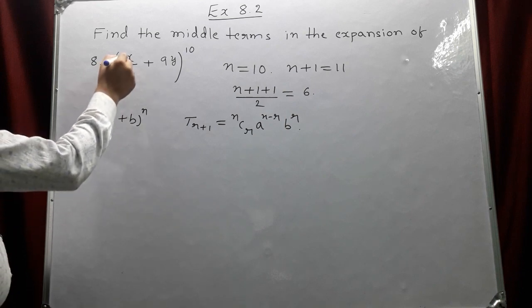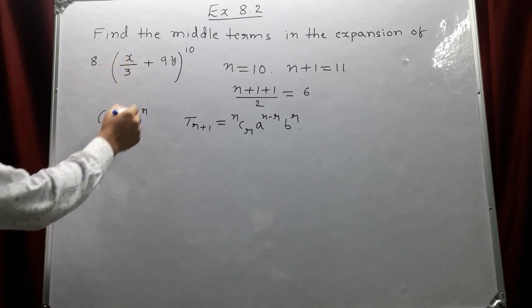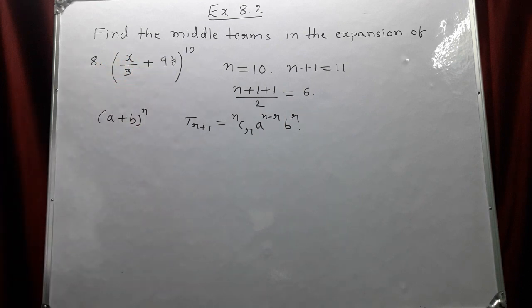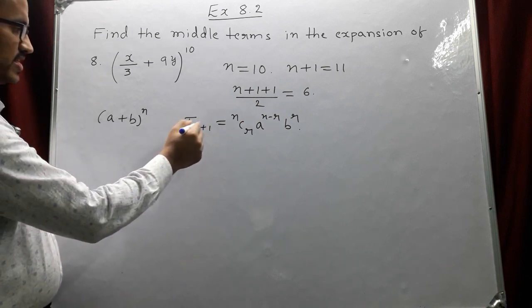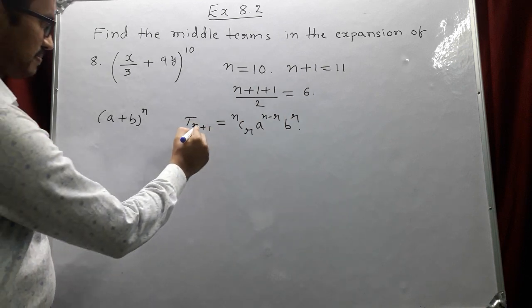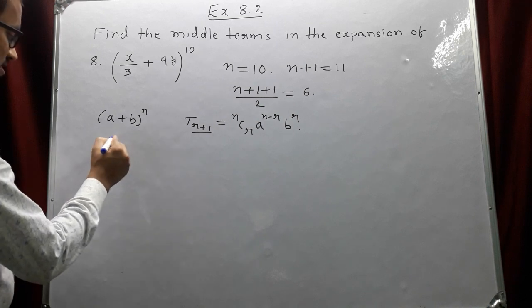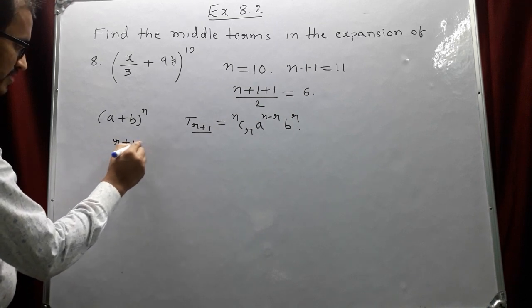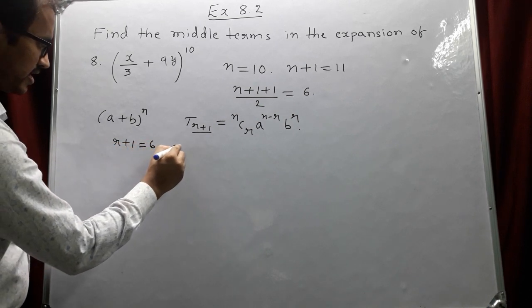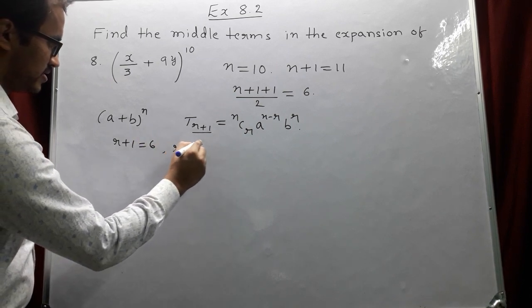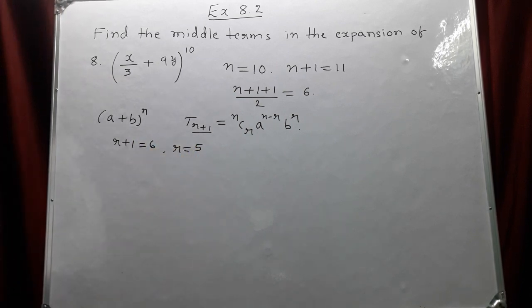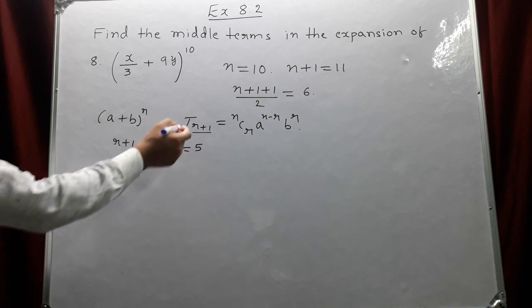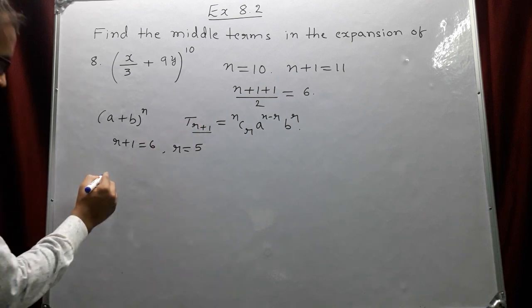Here the a value is x by 3, the b value is 9y. Since we have to find the sixth term, r plus 1 becomes 6. r plus 1 is equal to 6, so the r value becomes 6 minus 1, that is 5. So substitute r equals 5.